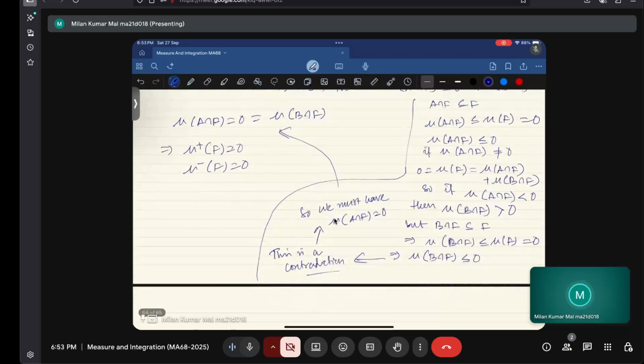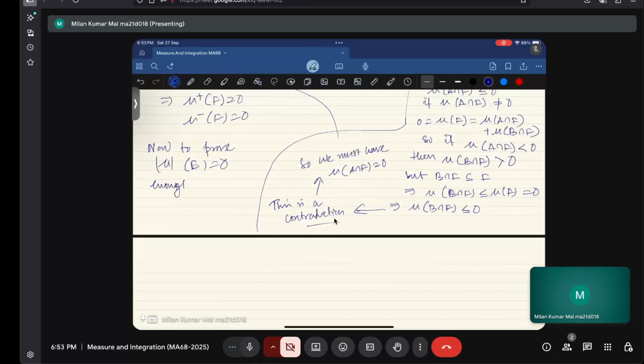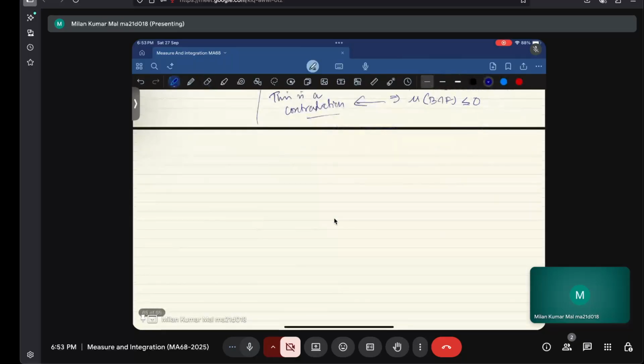Now to prove mod of mu equals 0, it is enough to show that mu plus equals 0. Similarly, one can show that mu minus equals 0.